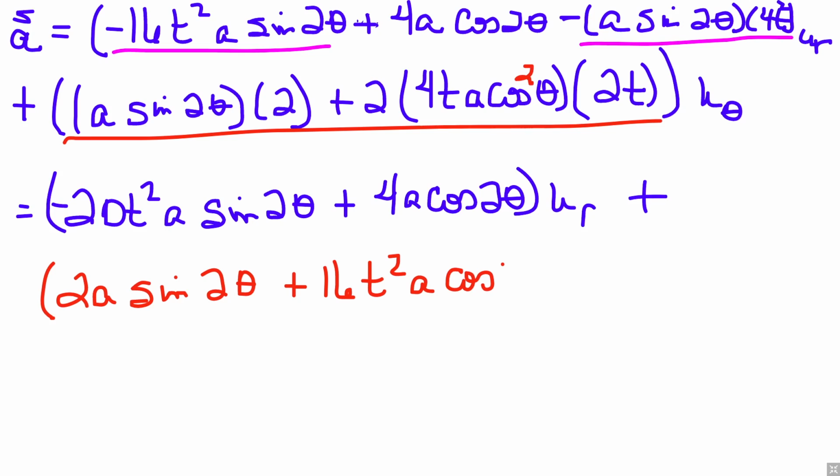That should be a 2 there in front, my fault. In the u of theta direction. So that would be our acceleration vector in terms of u of r and u of theta. Any questions?